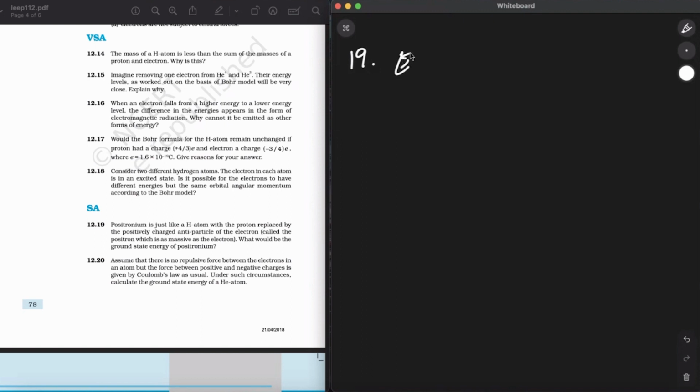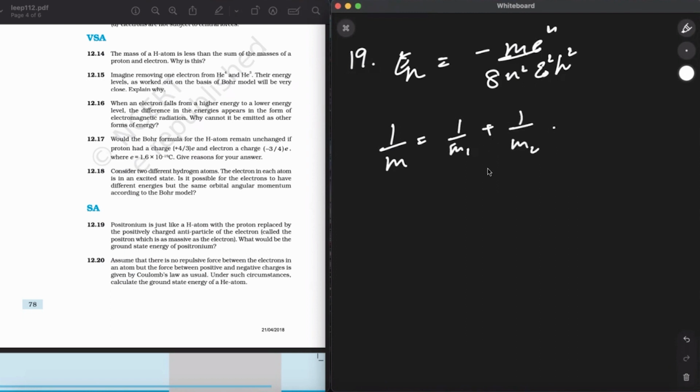First of all, I would like to write the energy En equals minus mu e4 upon 8 n square epsilon naught square h square, where mu is the reduced mass of electron and proton. For a system of masses m1 and m2, the reduced mass is 1 upon mu equals 1 upon m1 plus 1 upon m2.